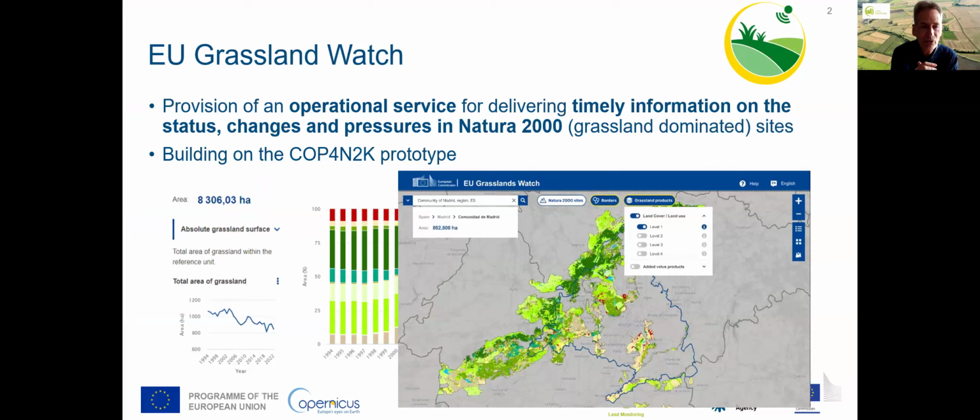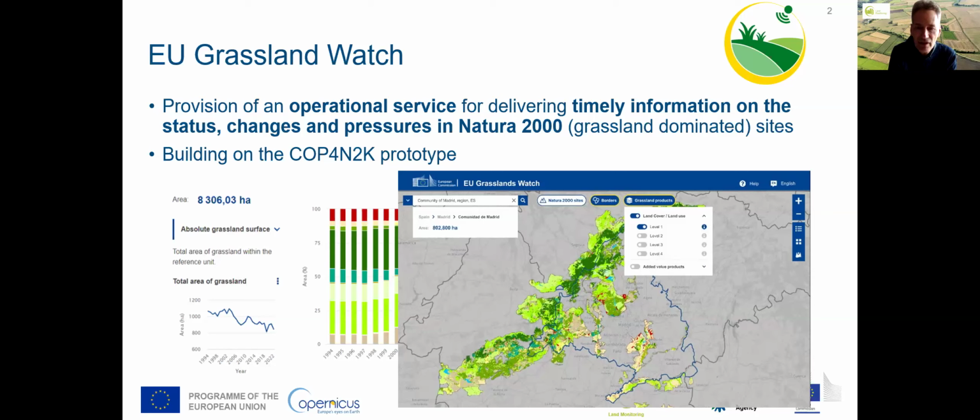It is a follow-up of the Copernicus for Natura 2000 prototype project, in which we basically tested the technical feasibility of a number of things that we are rolling out now in a more operational approach.